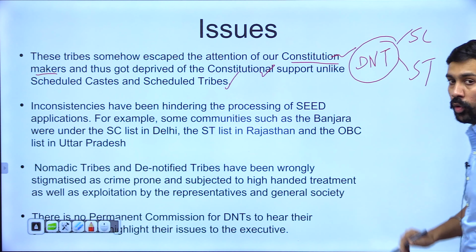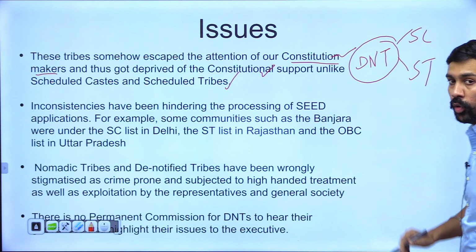There is no such proper classification; in particular states, different classifications are there. Somewhere they are recognized as SCs, somewhere they are recognized as STs, and even somewhere they are categorized as other backward classes. So there is no proper classification. If you want to avail the benefits under this particular scheme, you have to come under a particular classification.